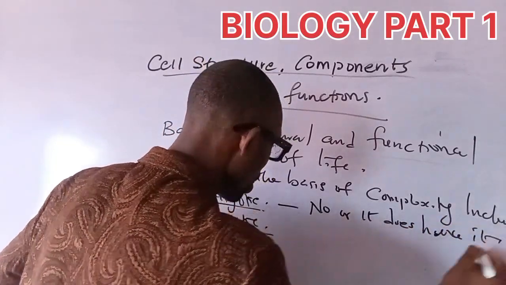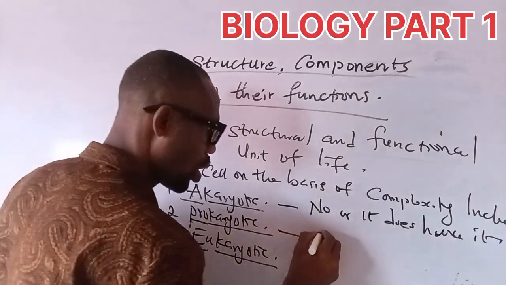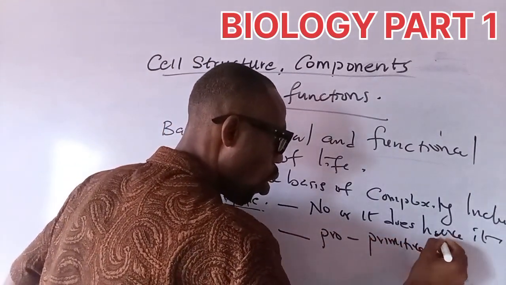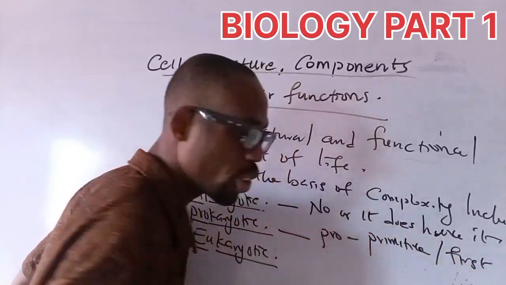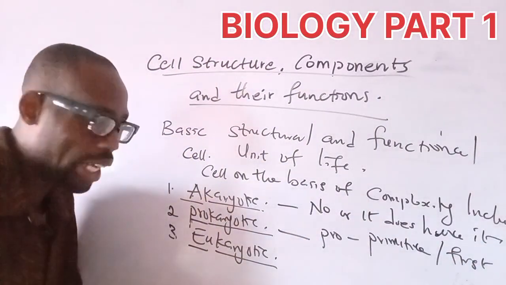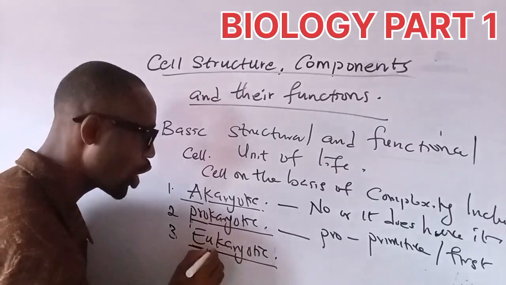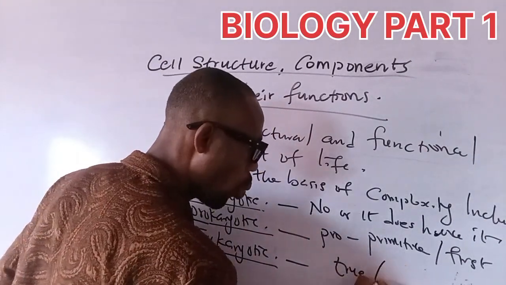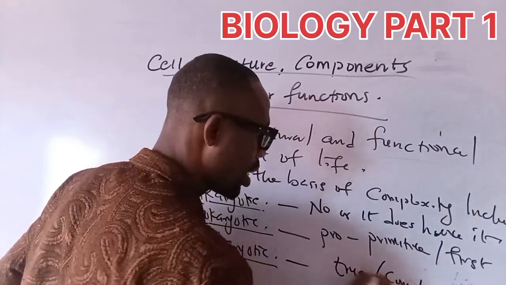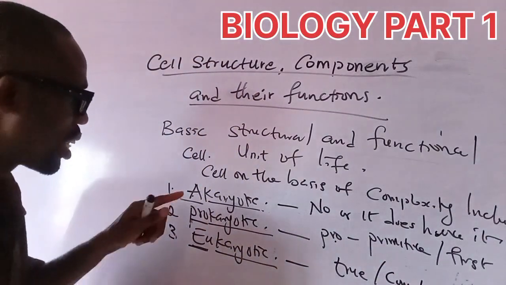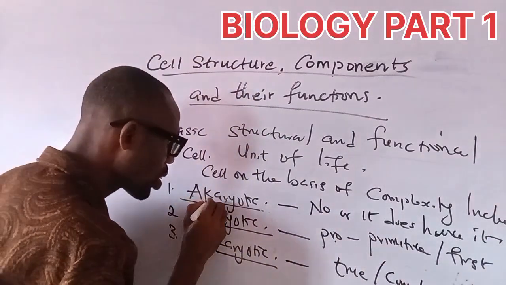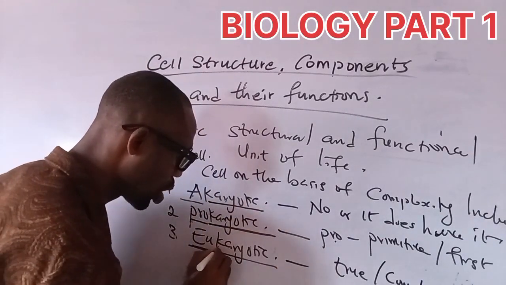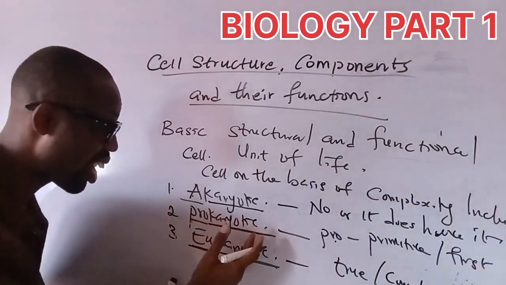When you see pro, it's talking about something primitive, or the first of its kind. And eu means true, or something more complex than the pro. The word karyotic simply means nucleus, describing a cell.